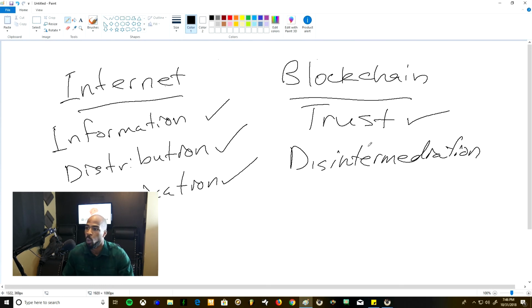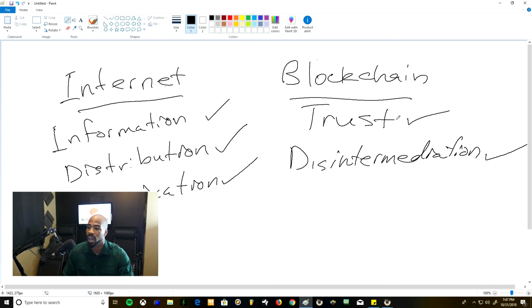It's not one person managing the ledger, and that's what we mean by disintermediation. There's a distributed effort between everybody to keep track of those records, and whenever anything changes, everybody's ledger changes instantly.